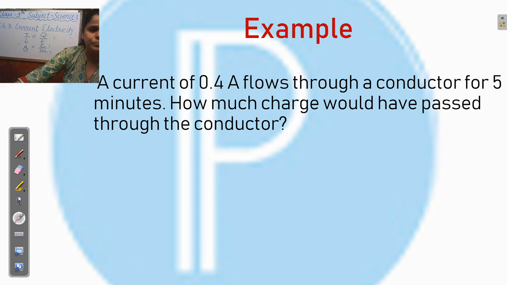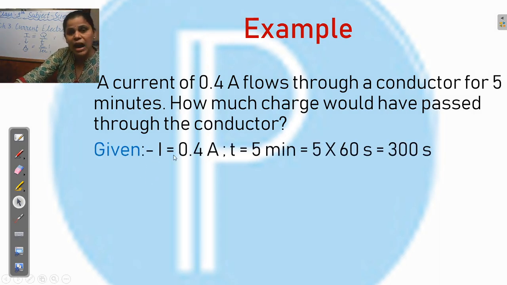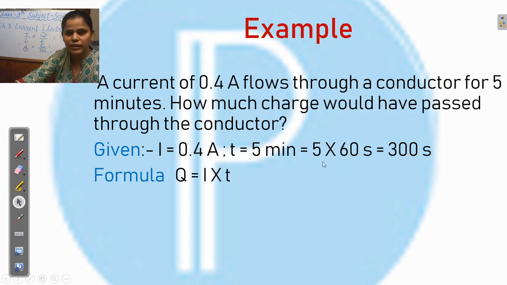Understand? So first write down the given: I equals 0.4 ampere, and time T equals 5 minutes. Convert this: 5 into 60 seconds equals 300 seconds. Then the formula I equals Q upon T, or Q equals I T, just cross multiply.